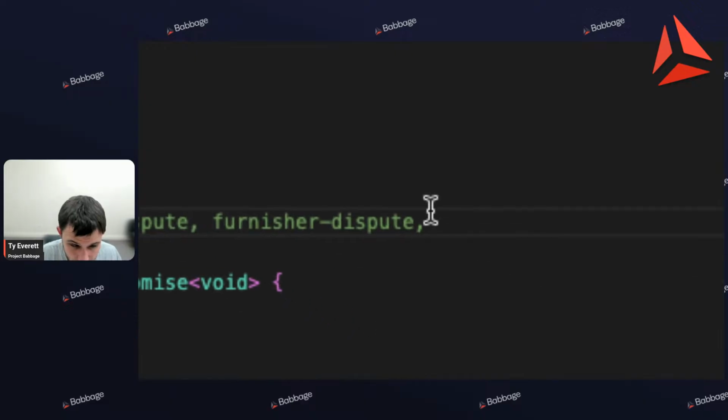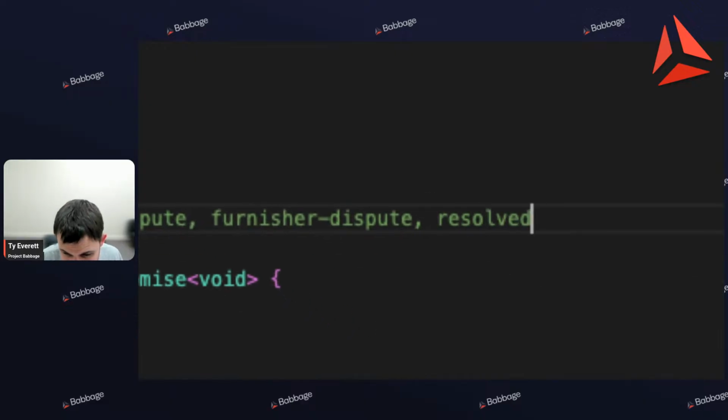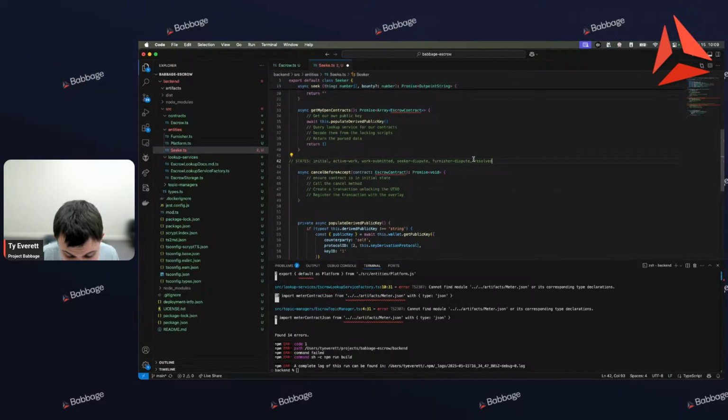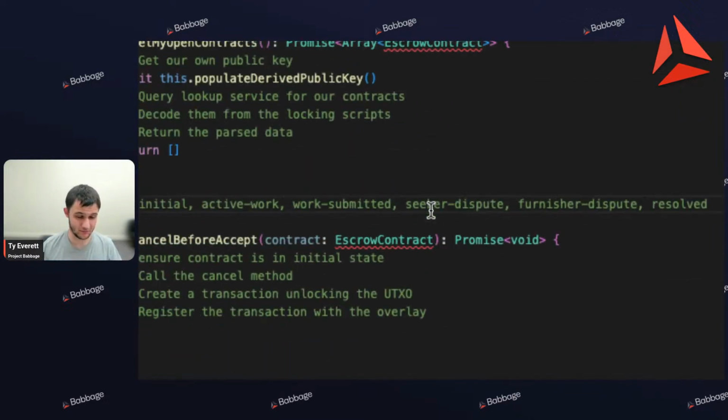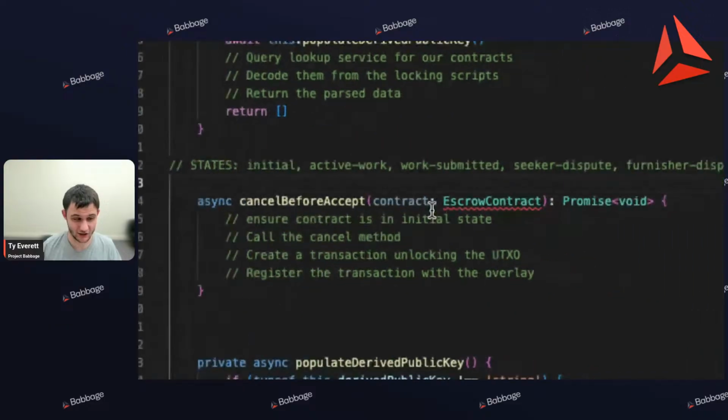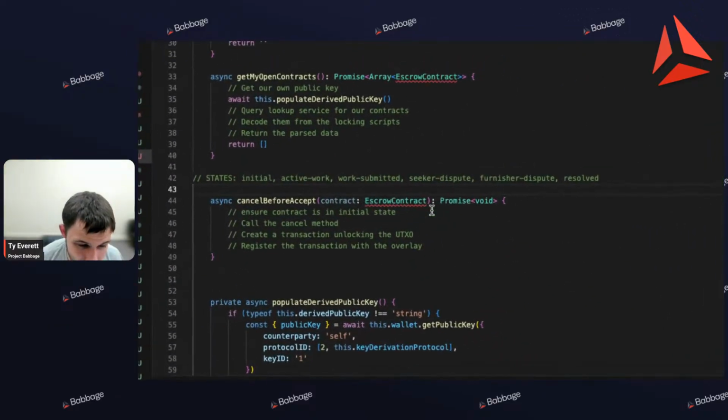Or resolved. Contract is resolved when the funding has been or is about to be released. So those are some states that I think the contract can be in, and we'll model that with sCrypt.